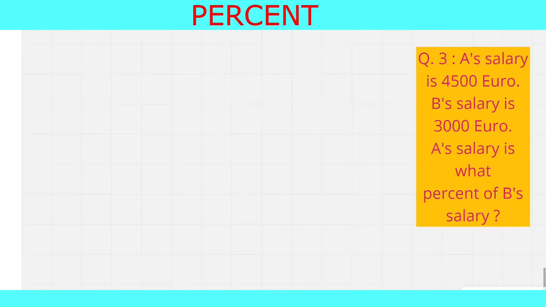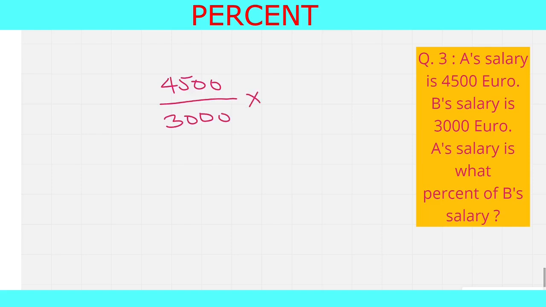We go to the next question. A's salary is 4,500 euro. B's salary is 3,000 euro. A's salary is what percent of B's salary? Now it is asked A's salary is what percent of B's salary. That's why we have to put A in numerator and B in denominator, and we solve like this. A's salary is 4,500 and B's salary is 3,000.